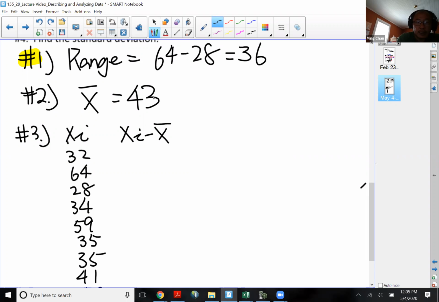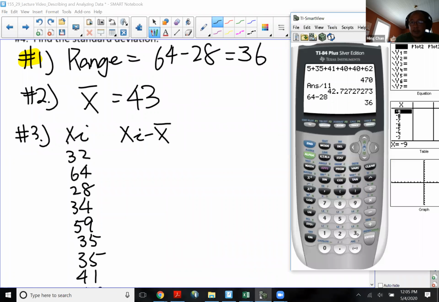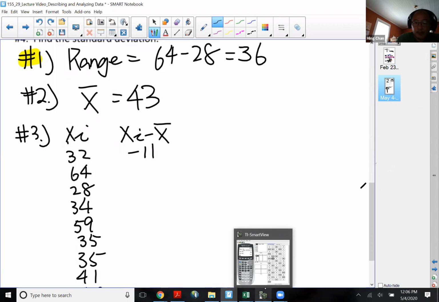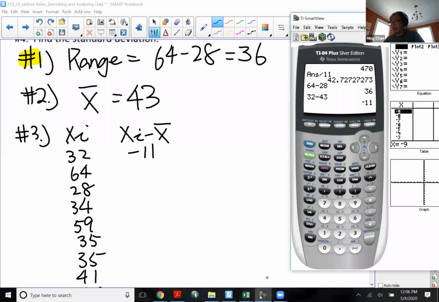So 32 minus 43 is negative 11. What that means is this number 32 is actually 11 places to the left of your mean. That's what it represents.